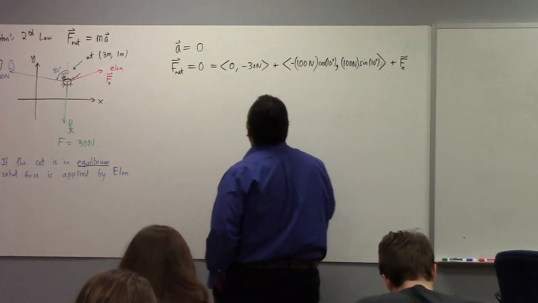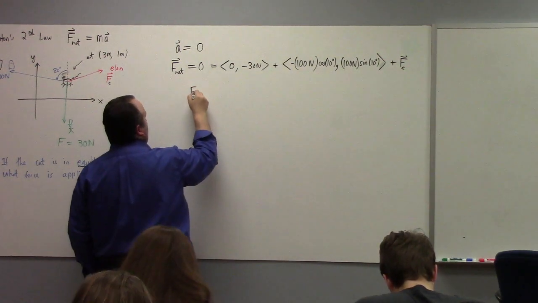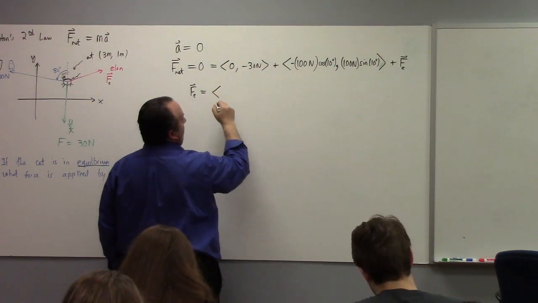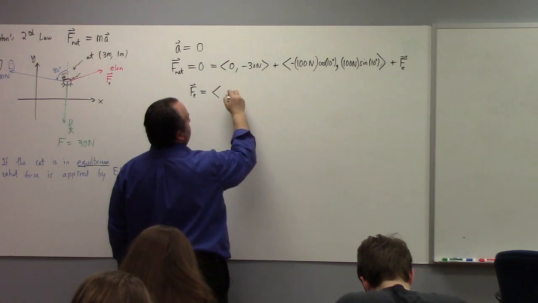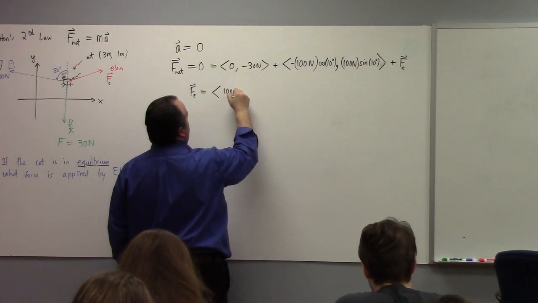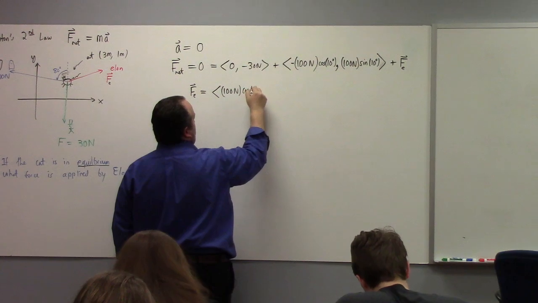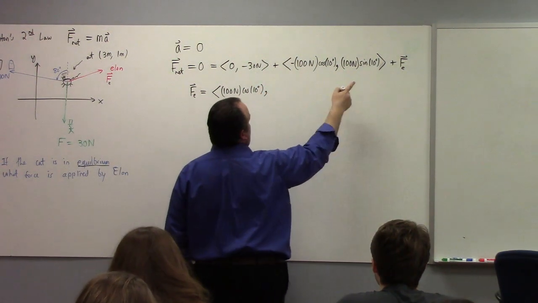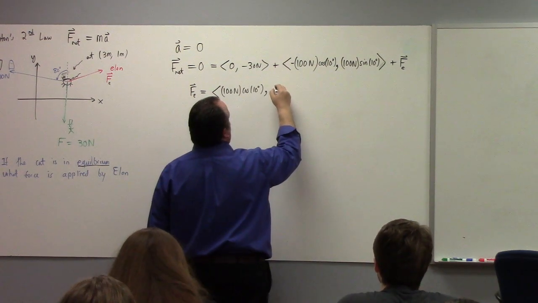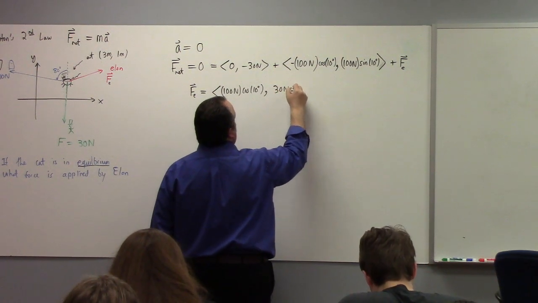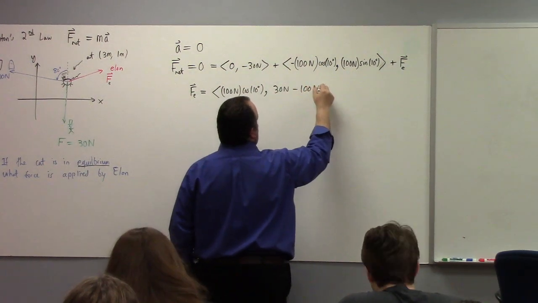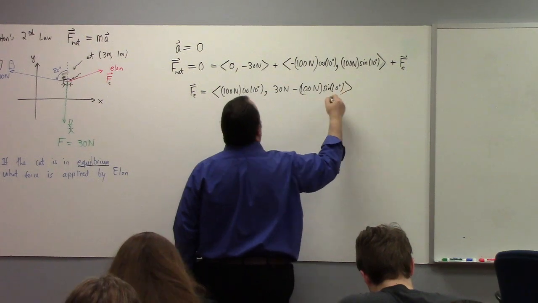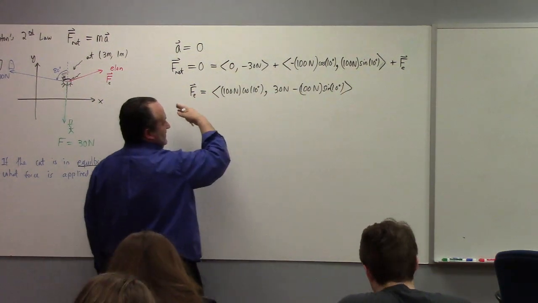Okay, so apparently the Elon force must be equal to 100 newtons times the cosine of 10 degrees. I solved for F_E. And then 30 newtons minus 100 newtons times the sine of 10 degrees. I subtracted the vectors to the other side there.